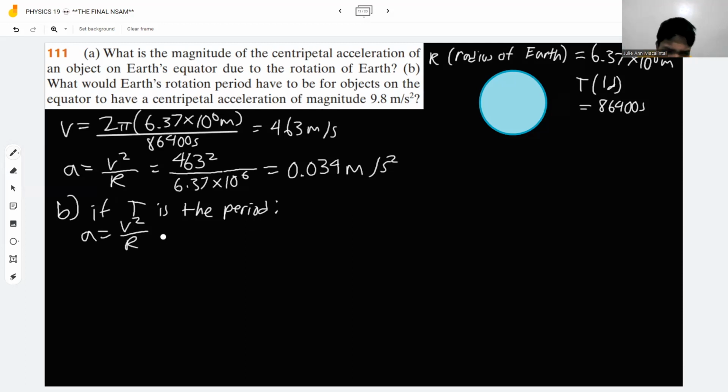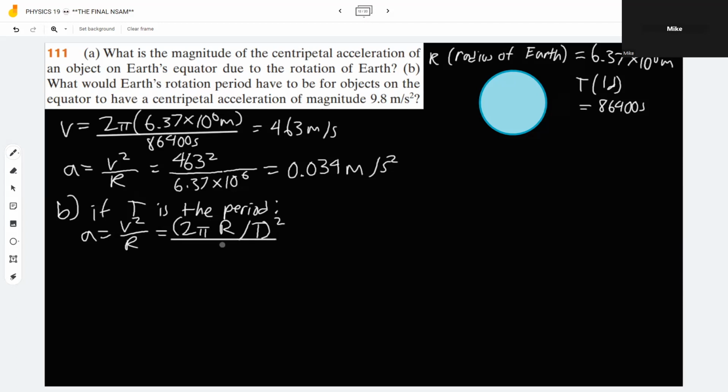So, gusto niya po yung centripetal acceleration is yung current na acceleration of gravity? Ah, so 4 pi squared over T squared.